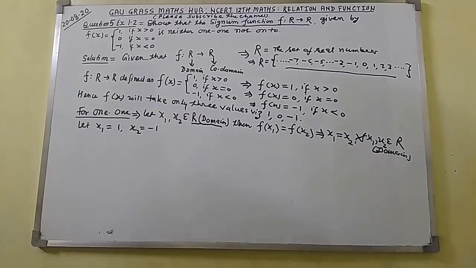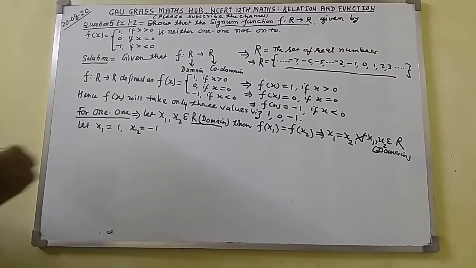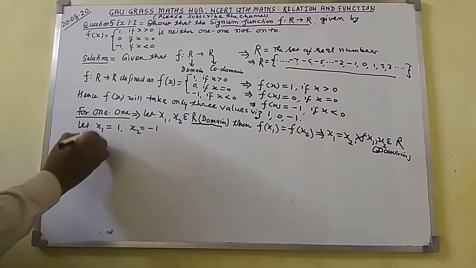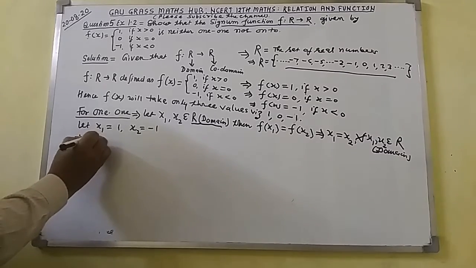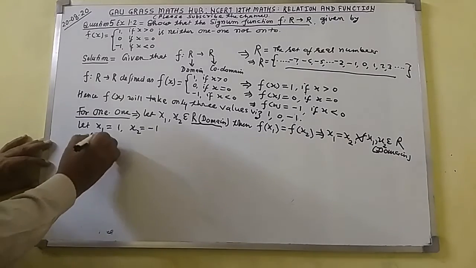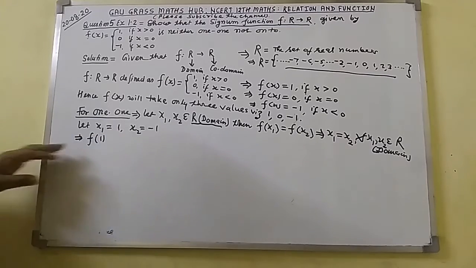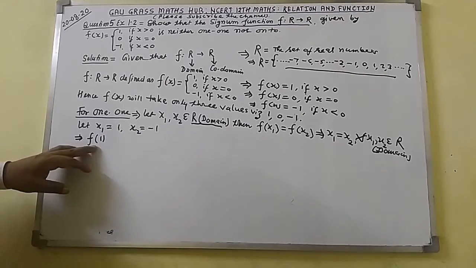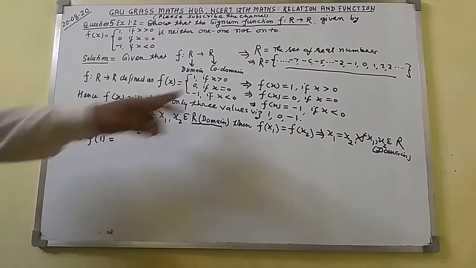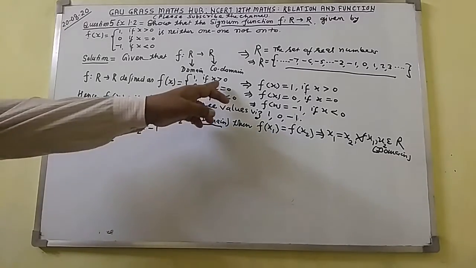So what happened? Here you can write very well: f of x1 becomes f of 1, the image of 1. Where will you take the image of 1 from?